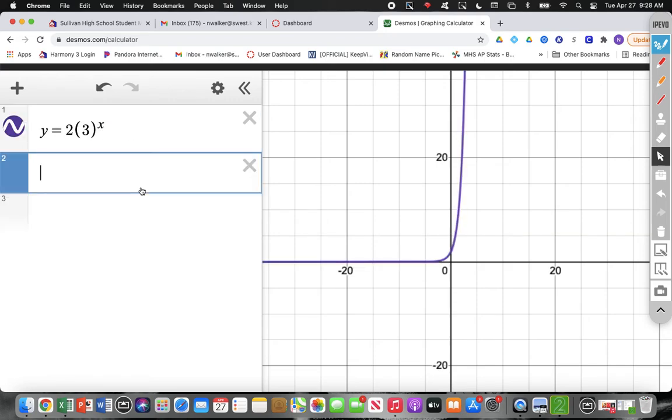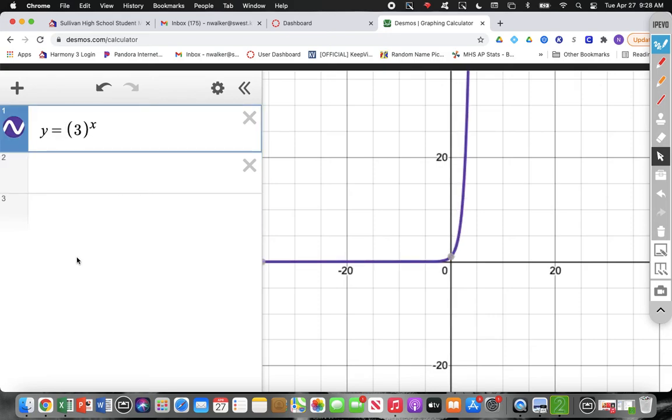Once you have it typed in, we're just going to desmos.com and opening up a blank graphing calculator. So when you add that coefficient of 2, when it's just 3 to the x, it's growth. When I put a 2 there, it's growth.